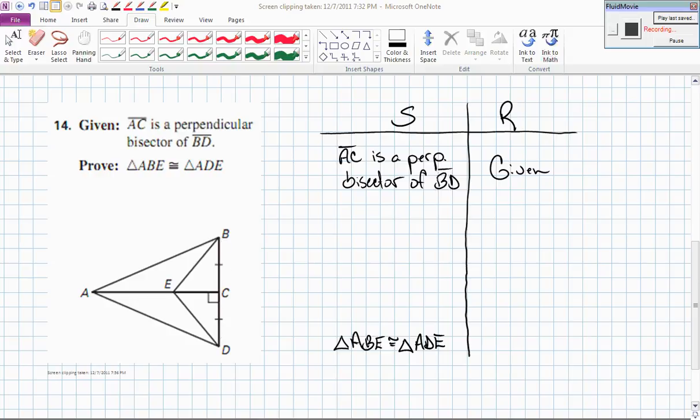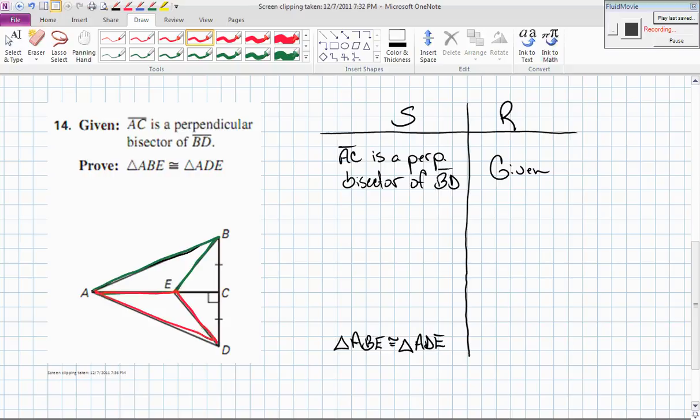However, those congruent parts are really not of much use to us, given that we're trying to prove triangle ABE congruent to triangle ADE. So these are the triangles that we're concerned with.